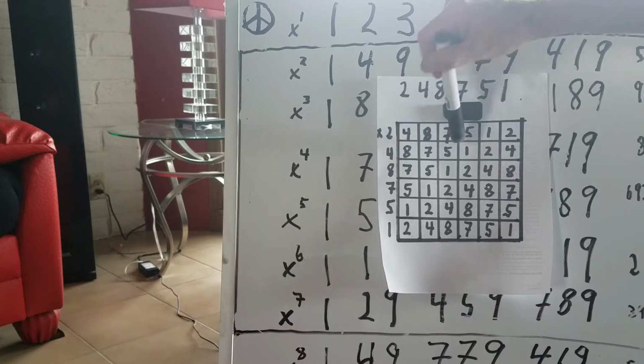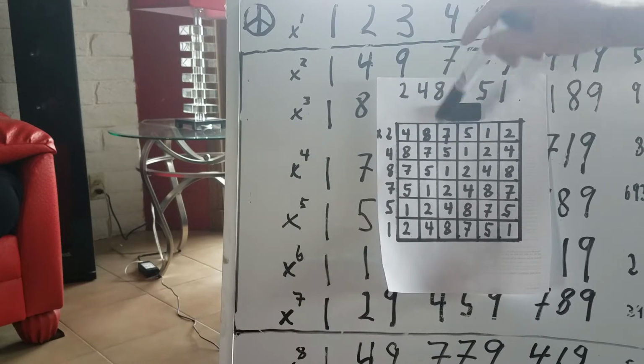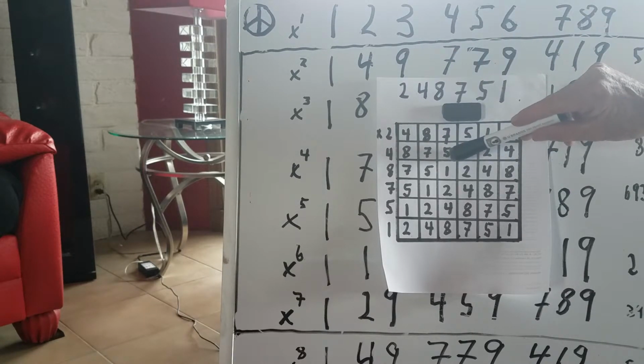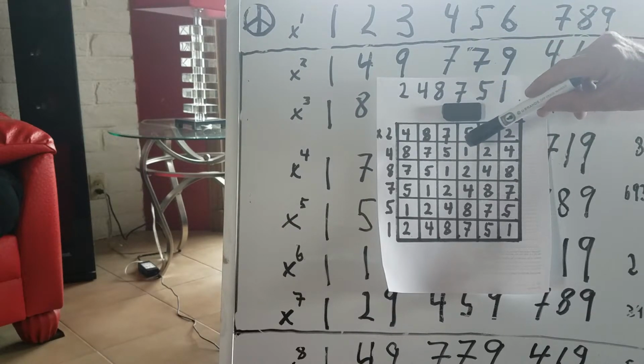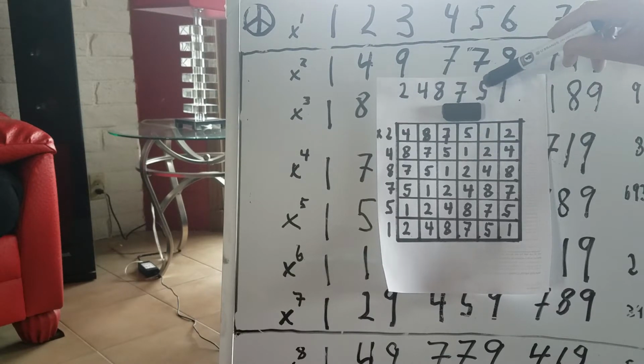If we take it down to the next line, simple, we're using the 4 now. So 2 times 4 is 8. 4 times 4 is 16, which reduces to 7. 8 times 4 is 32, which reduces to 5. 7 times 4 is 28, which reduces to 1. 5 times 4 is 20, which reduces to 2.